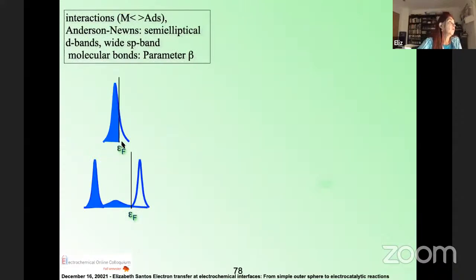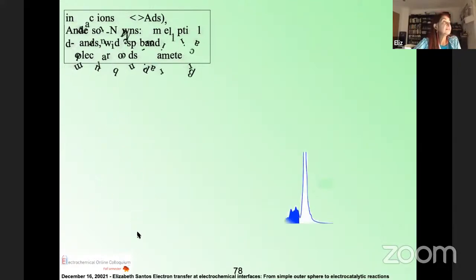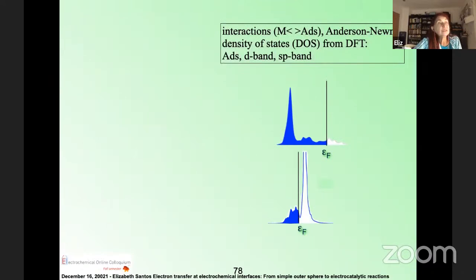Before we had this idealized form for the reactants at different distances. But now if you use the fit with the Anderson-Newns equation for the interaction with the real bands of the metal, we obtain a picture like this one.